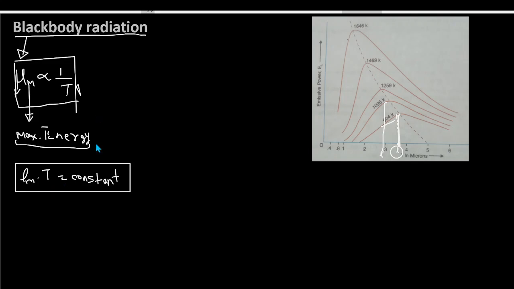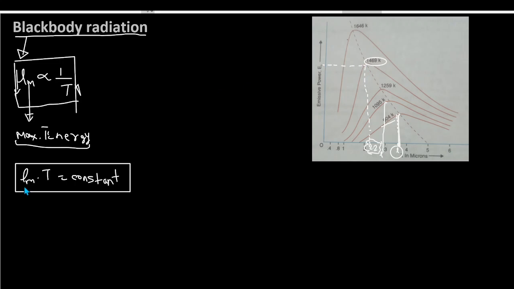Because you can see that, let's say for 1469 Kelvin temperature, this is the peak of this particular temperature. And after you join the line, you can tell that, okay, at roughly, let's say, 2.2 micron means your wavelength. Here, this particular wavelength corresponds to the maximum emissive power or the maximum intensity, and that is the meaning of the lambda m.